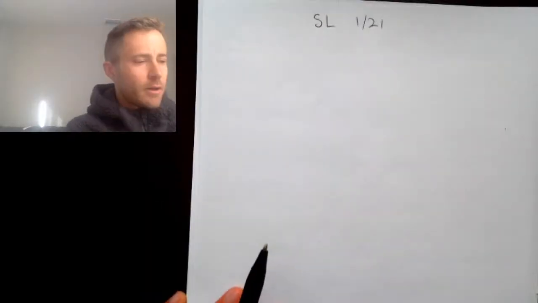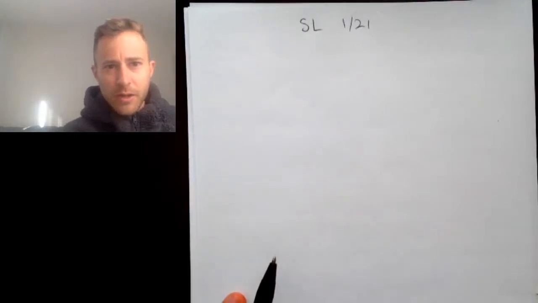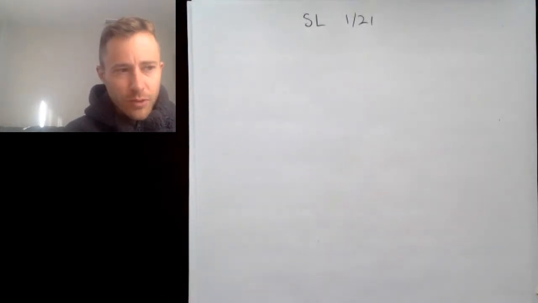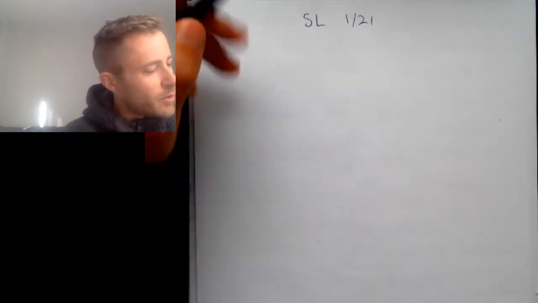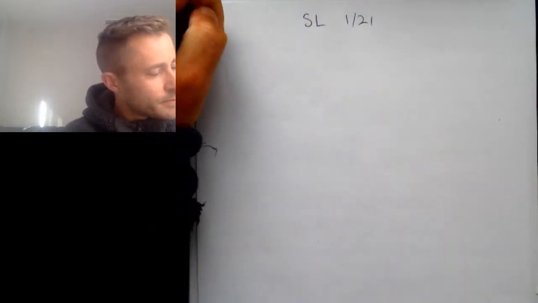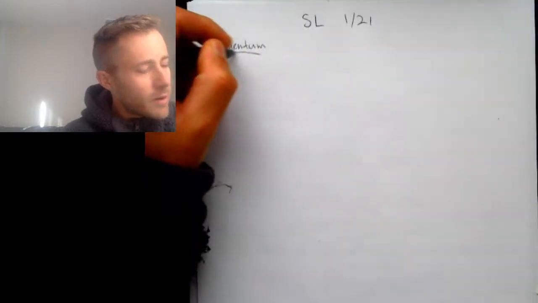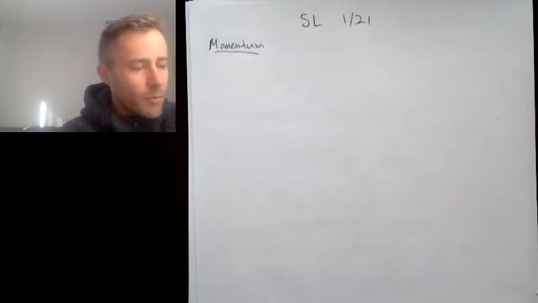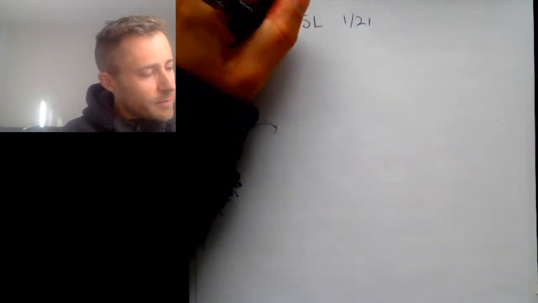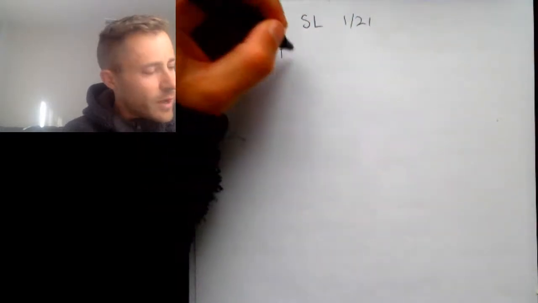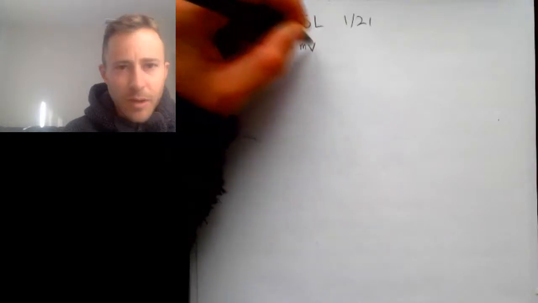All right. So I believe that in the video that I posted for Tuesday, I was able to cover material through energy. So I'm going to start out today with momentum. Momentum is denoted by P, and it's equal to m times v, mass times velocity.